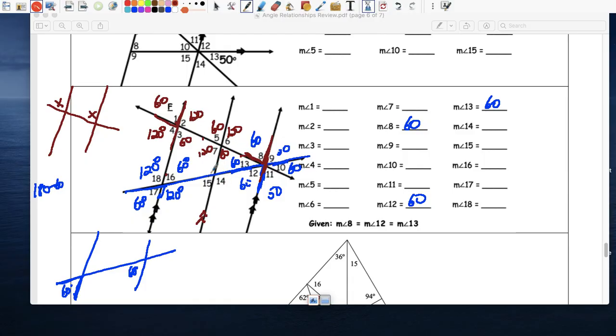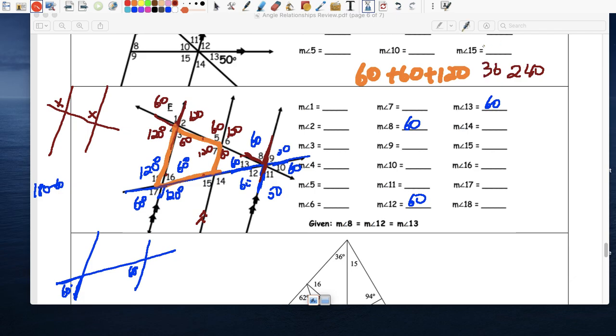We're missing this angle right here. Well, actually, I need this angle here to find 15 and 14. So it's a quadrilateral, right? Here is my quadrilateral, and we know that in a quadrilateral, the sum of the angles is 360. So right now I have 60 plus another 60 plus another 120. 60 and 60 is 120, plus 120 is 240.